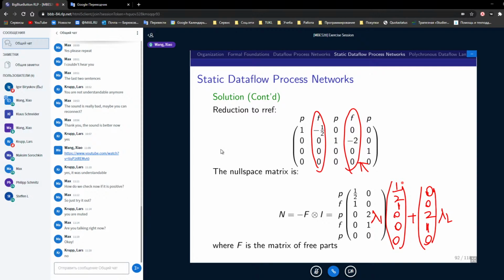So what is your question there, Lars? I have a problem with the signal language, in general.